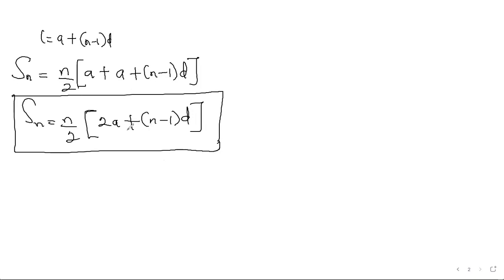But if you know the last term from the question directly, and you know the number of elements in that sequence or series, you can use the previous one. Okay. And that's the sum of n terms of a series.